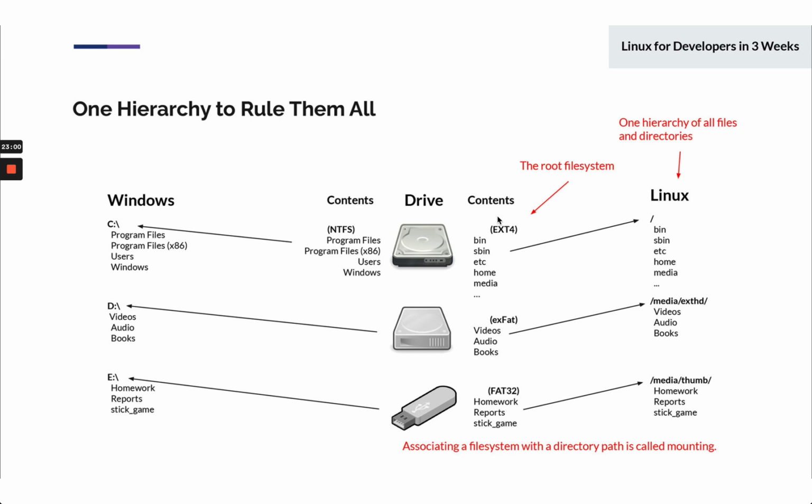If you had an external drive in the system, and that one may have on it videos, audio, and books, it might be an exFAT formatted file system. In Windows, if you added that to your system, it would just show up on the next drive letter as D:. And then if you had a thumb drive, maybe with homework, reports, and a stick game on there, that might be FAT32 as the format for the file system.